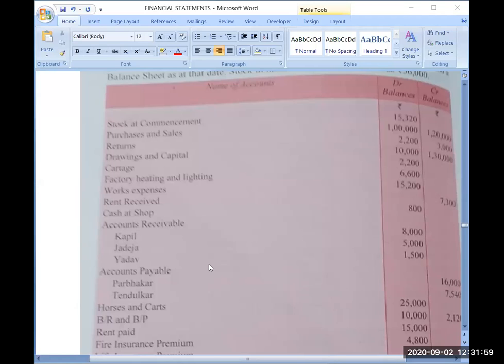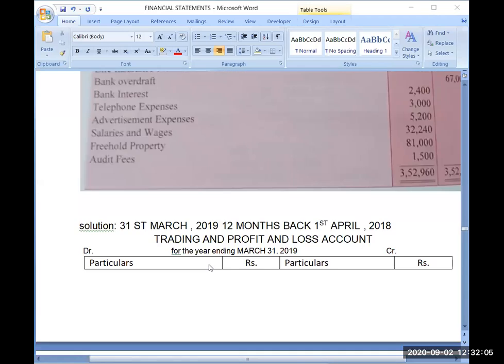And we have done it till cartage. Factory heating and lighting we were doing.